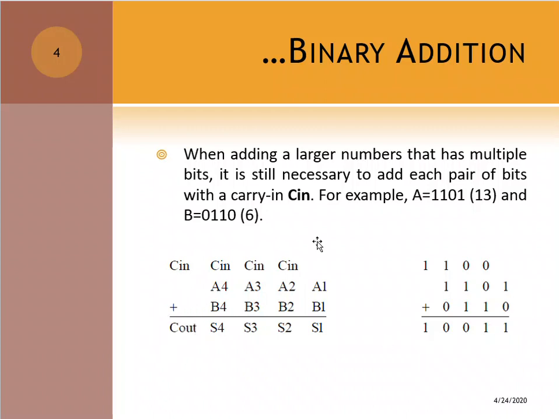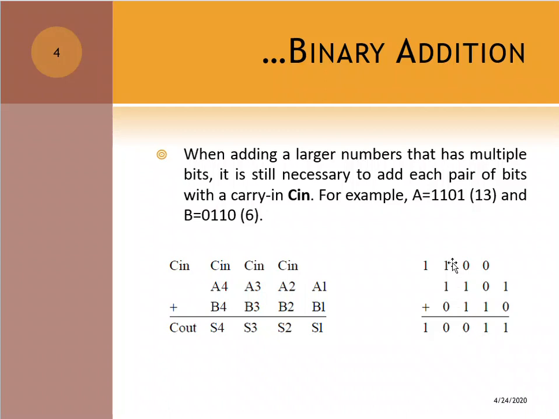Now we try to apply the concept for the example A plus B, A equal to 13, B equal to 6. We are going to add 1 plus 0, 1. Nothing is carried to the next, so we just put 0. Then 0 plus 0 plus 1 is 1. Nothing is carried, so just put 0. Then 1 plus 1, 2, so 1, 0.